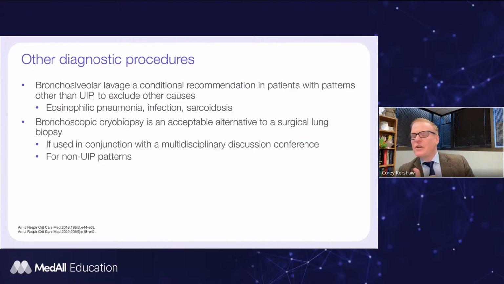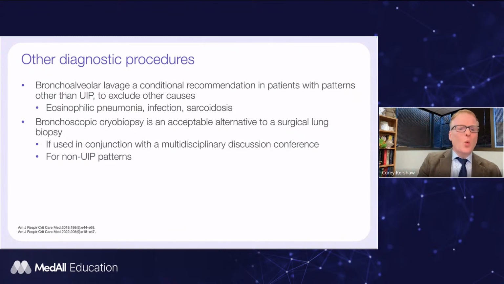But if you suspect something unusual, an eosinophilic pneumonia, for example, if you think the patient has an infection, the BAL can be very helpful in making those diagnoses. But doing a BAL with or without biopsy, such as a cryobiopsy, in order to ascertain the type of ILD your patient has, the fibrosing ILD, it typically is not going to be very helpful.